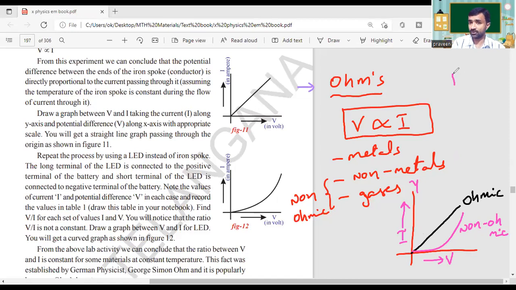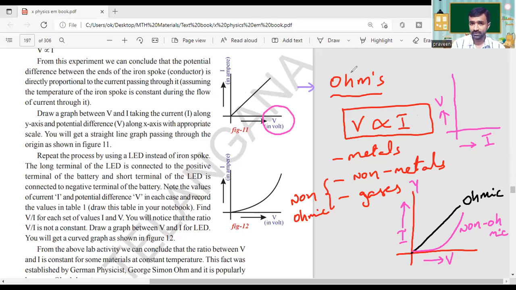In your intermediate you will learn one more way, with I on the X axis and V on the Y axis. So you can draw voltage versus current, and current versus voltage also. Both are correct. But in our 10th class, voltage is given on the X axis and current on the Y axis. This is what you need to remember.